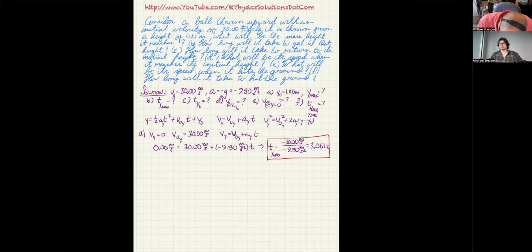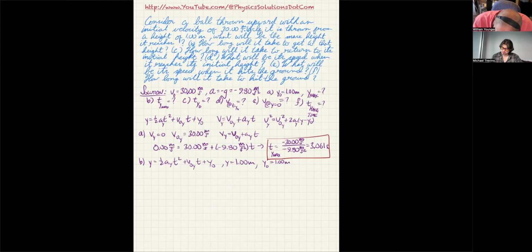So the equation for that part will be y equals 1 half a sub y t squared plus v0 sub y t plus y0. And what I'm going to have is y final is equal to 1.00 meters. And of course, we already know y initial is 1.00 meters. And we also know what a is.